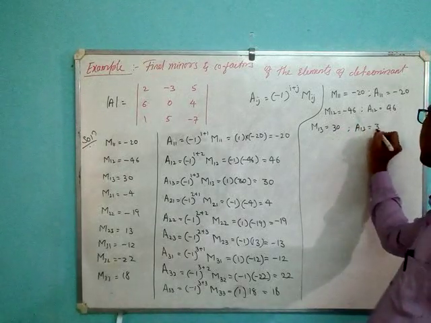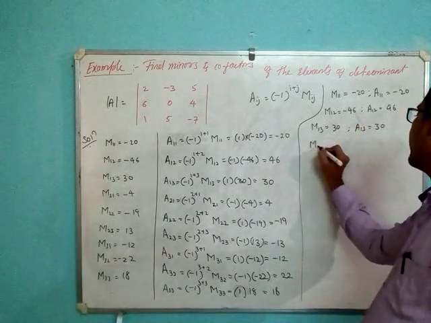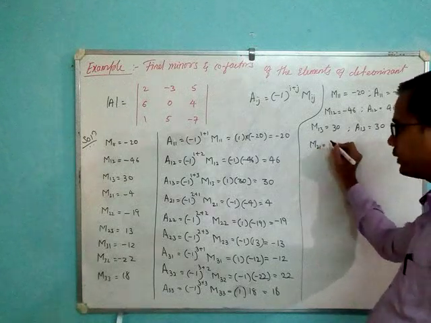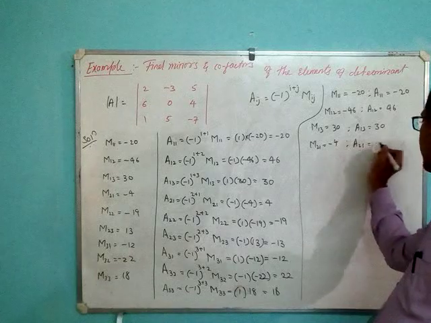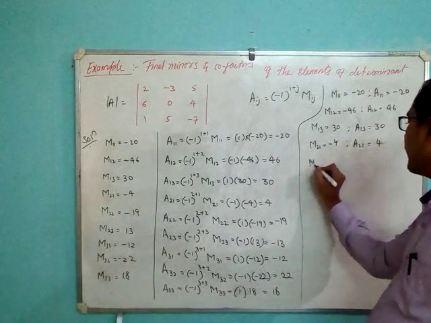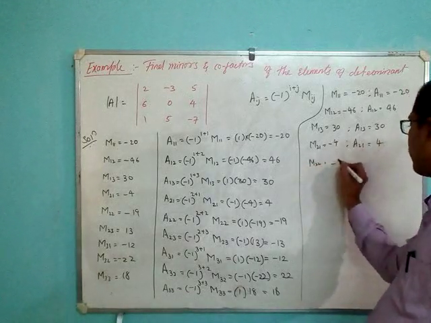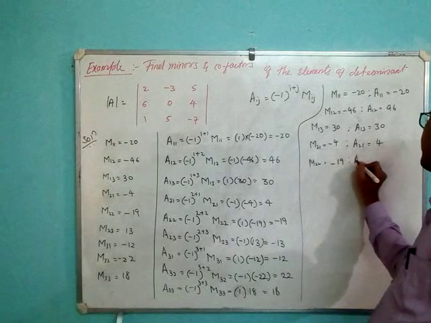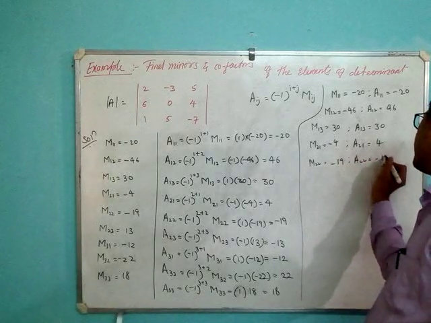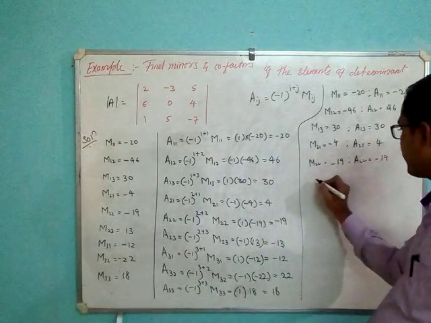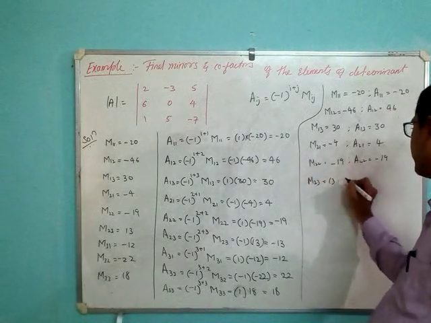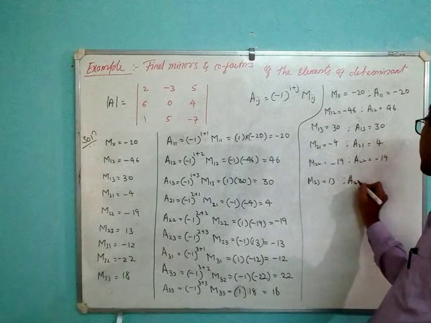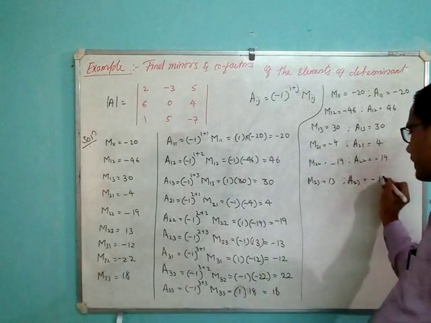A13 is equal to 30. M21 is equal to minus 4, whereas A21 is what? Plus 4. M22 is how much? Minus 19. A22 is also minus 19. M23 is equal to 13. A23 is equal to minus 13.